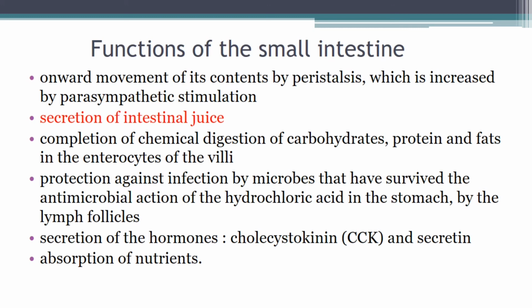The protection against infection by microbes that have survived the antimicrobial action of the hydrochloric acid in the stomach, by the lymph follicles. The secretion of the hormones CCK, that is cholecystokinin, and secretin. Also there is the absorption of the nutrients. So these are all the functions.